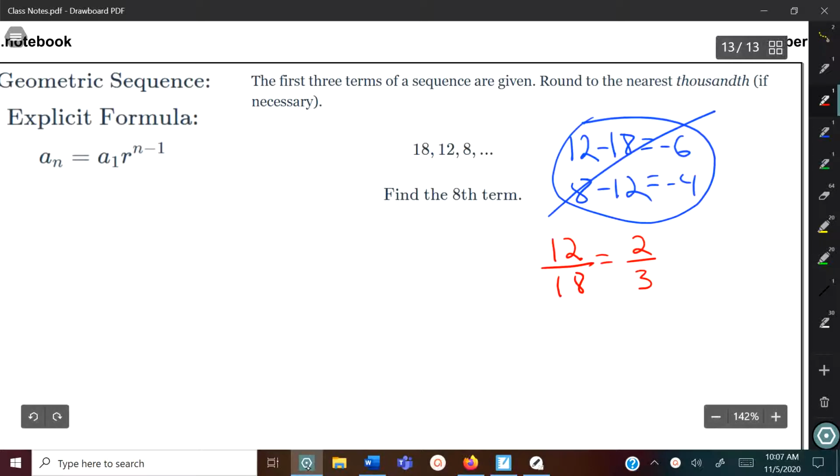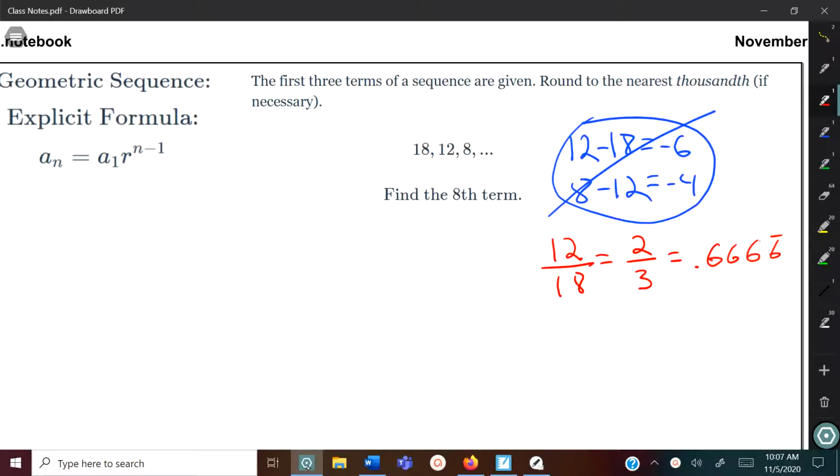If you want to make that a decimal, you can, but it's a repeating decimal, 0.6 repeating, and you can't type that in. You have to type in this fraction. So some of these you have to know how to simplify.